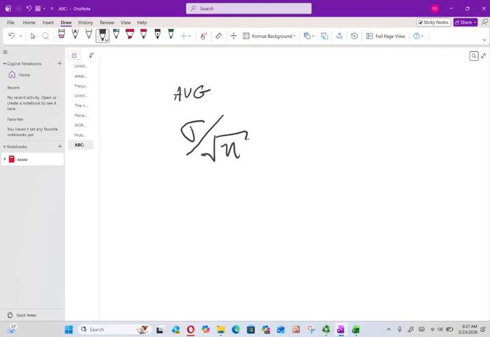So for the first one, we have a normal distribution with a standard deviation of 15. If you divide 15 by the square root of 10, we get 4.74.